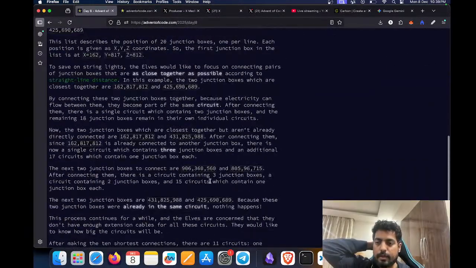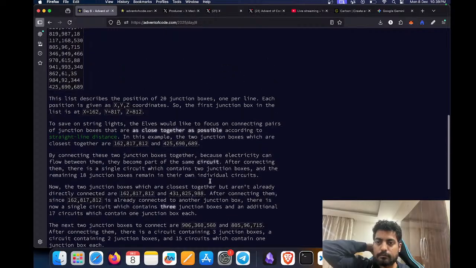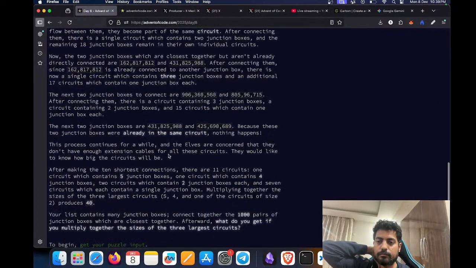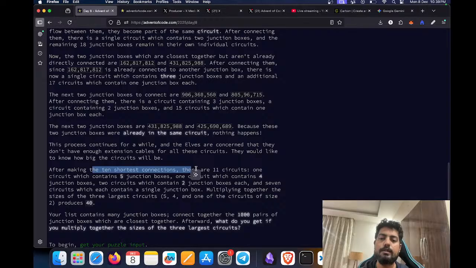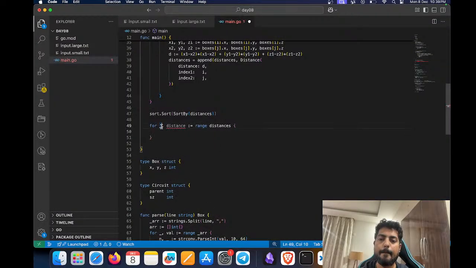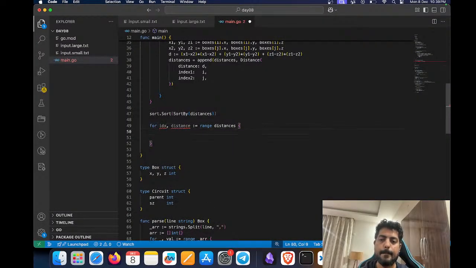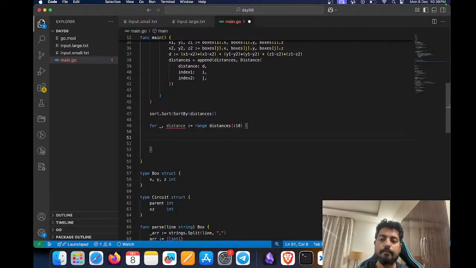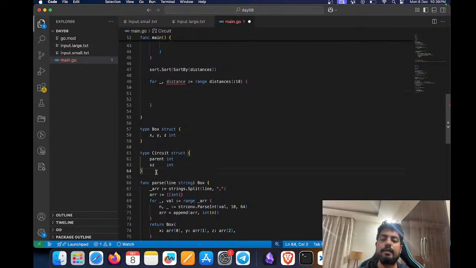How many times are they doing this? After 10 shortest connections. So we can just take this as 10. I think that is also okay. So how do we merge the circuit?